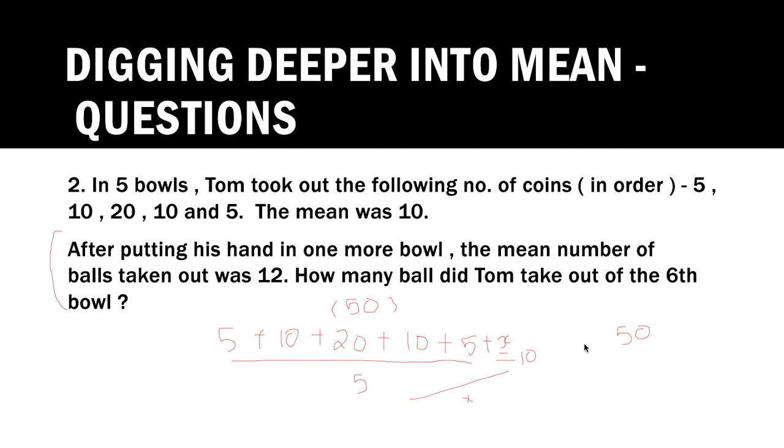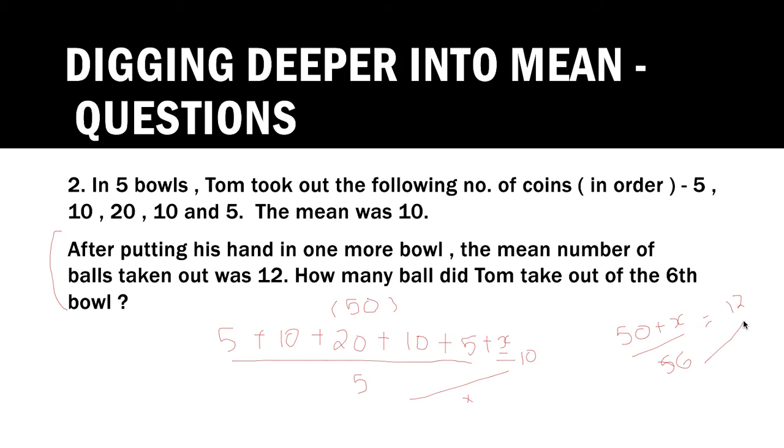I forgot to add the plus x because we're not considering the second part of the question as well. So 50 plus x divided by 6 is equal to 12.